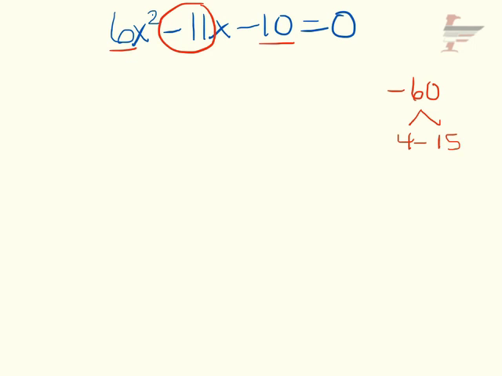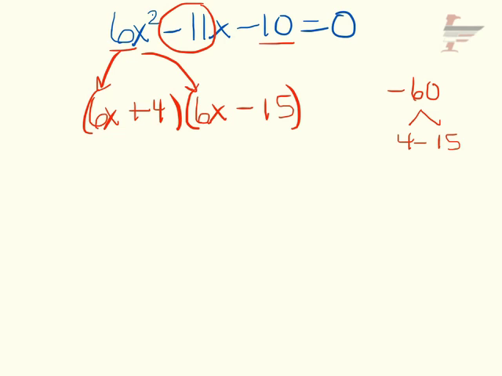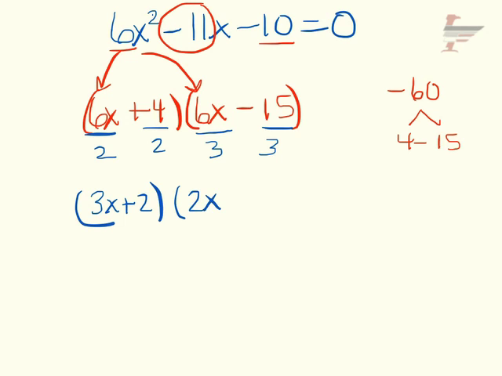So what I'm going to do with that 4 and 15 is write the plus 4x and the minus 15x, and then I'm going to toss in a 6x before each of those. Remember, your first term always goes before, and then take out any extra stuff. In the first parenthesis I can divide both of these by 2, and in the second parenthesis I can divide both by 3. So I'm going to be left with 3x plus 2 and 2x minus 5.